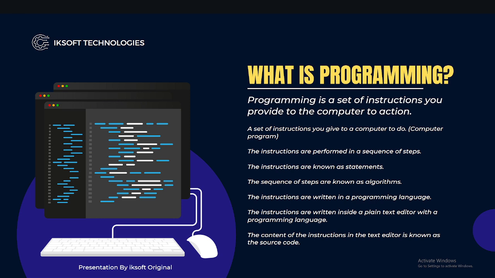Now, the instructions are performed in a sequence of steps. You can't just wake up and say, I want to play a video on my computer, so the video should be played. First of all, you have to make sure your computer has the video you want to play already on it. Second, you have to make sure you have a compatible video player which will be playing your video.